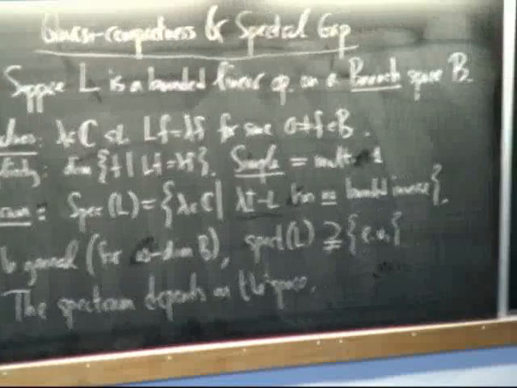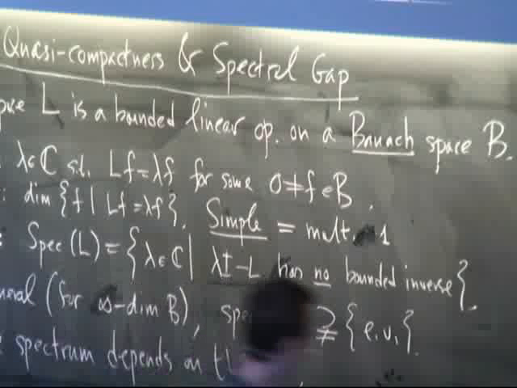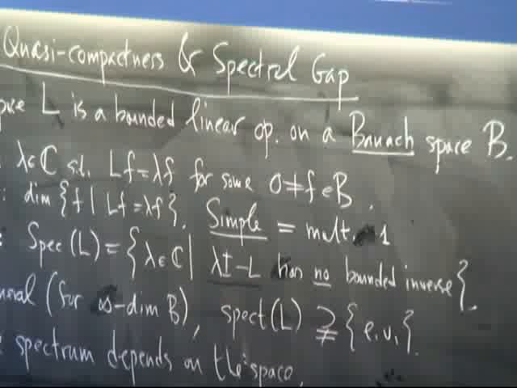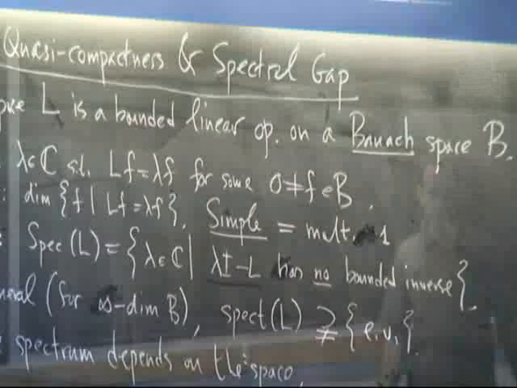Now, it is a fact that the spectrum is a compact subset of the complex numbers. And it has a radius, the radius of the largest disk centered at the origin which contains it. That's called the spectral radius.